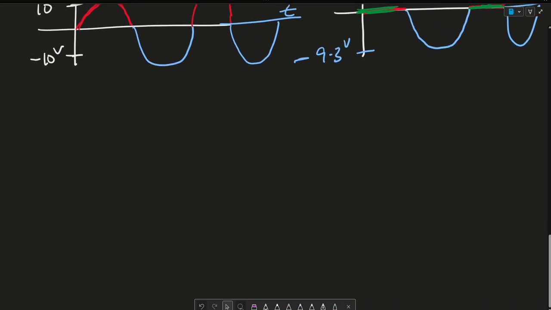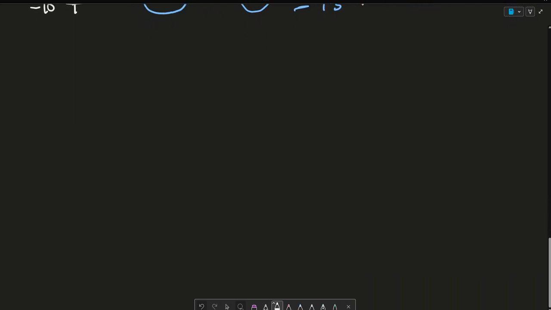Let's do a quick example. Imagine you have your circuit like this.